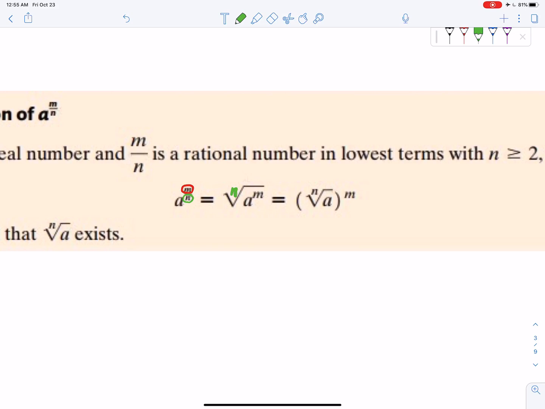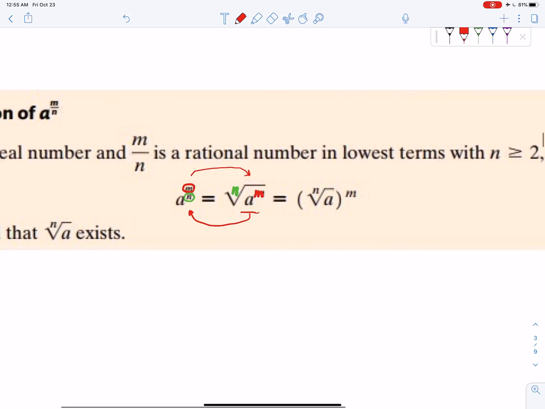So the denominator tells you the index, and the numerator tells us the power a is raised to. Okay? Notice that m and n are not the same thing, so we're not just going to simplify out to something simple, but it does show us that we can start with a radical and write it as a rational exponent, or we can start with a rational exponent and write it as a radical. This equal sign allows us to go both ways.